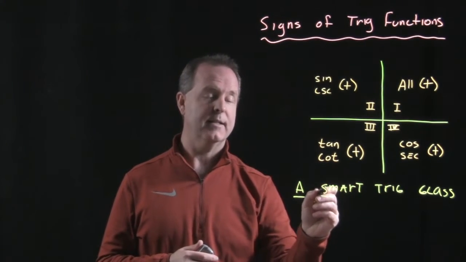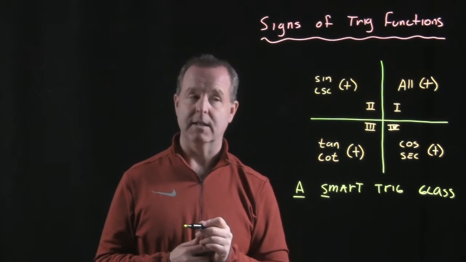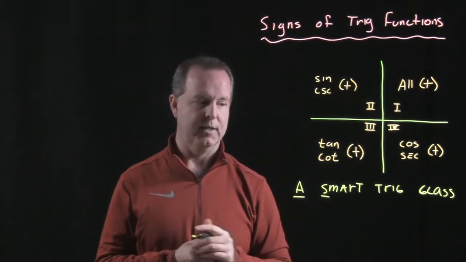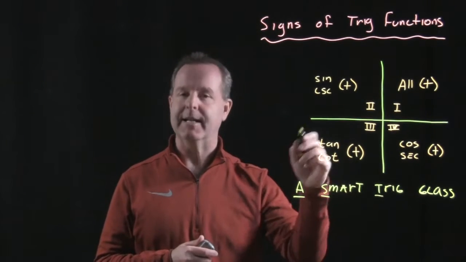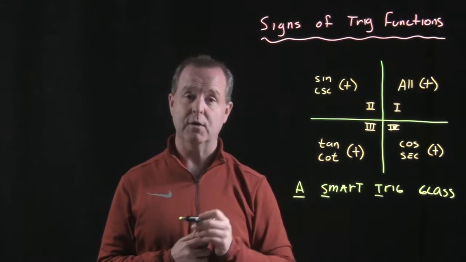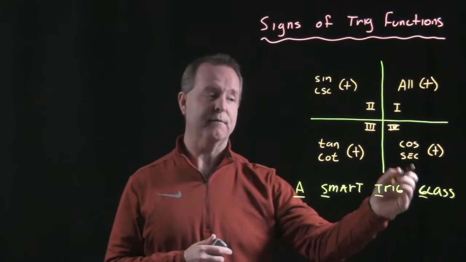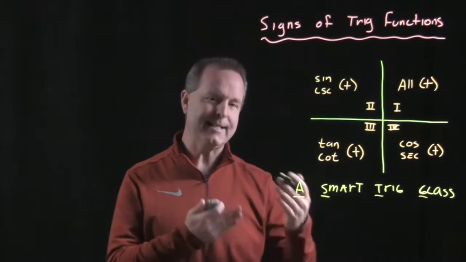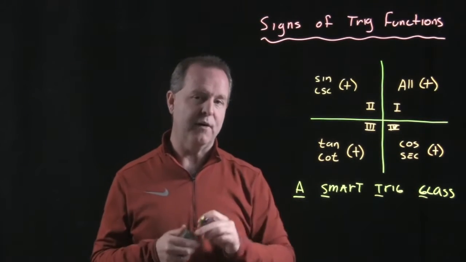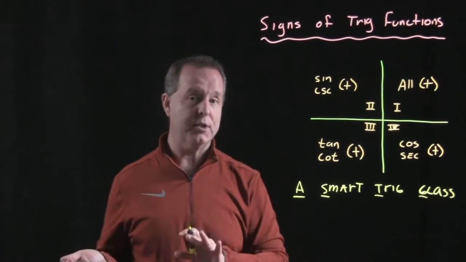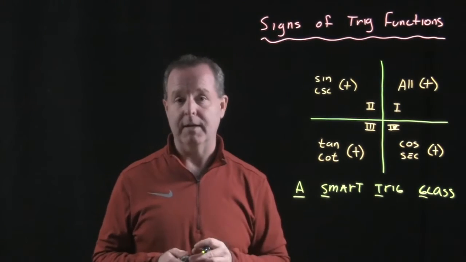Smart begins with S, which tells me in the second quadrant, sine is positive and its reciprocal function. T stands for tangent. Tangent and its reciprocal are positive in the third quadrant. And the fourth word represents cosine, C for cosine, and cosine and its reciprocal are positive. So how can we help remember which functions are positive depending on which quadrant they're in? Just remember that you guys are a smart trig class.